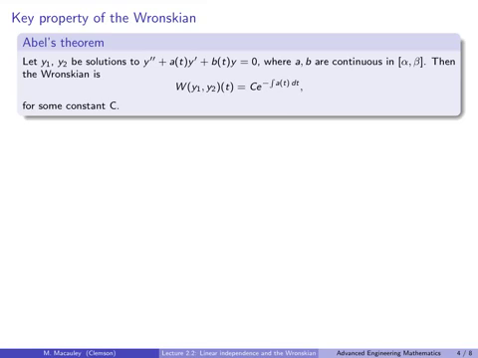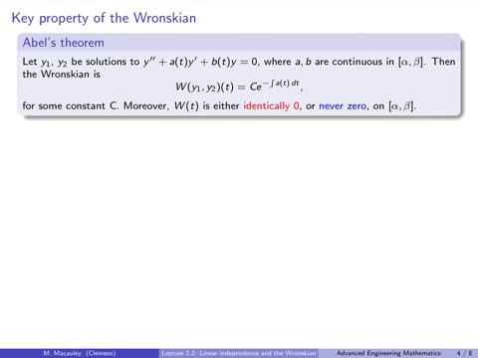Now, this is remarkable for several reasons. First of all, a minor point is that it does not involve b(t) at all. But most importantly, we don't even have to know what these solutions are. Suppose we can't even solve this ODE, but we can still figure out what the Wronskian is. It's given by this formula. Here's another important observation.